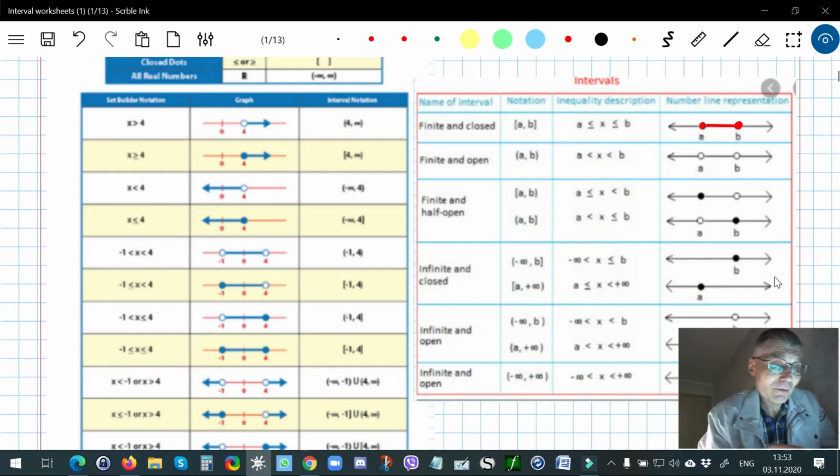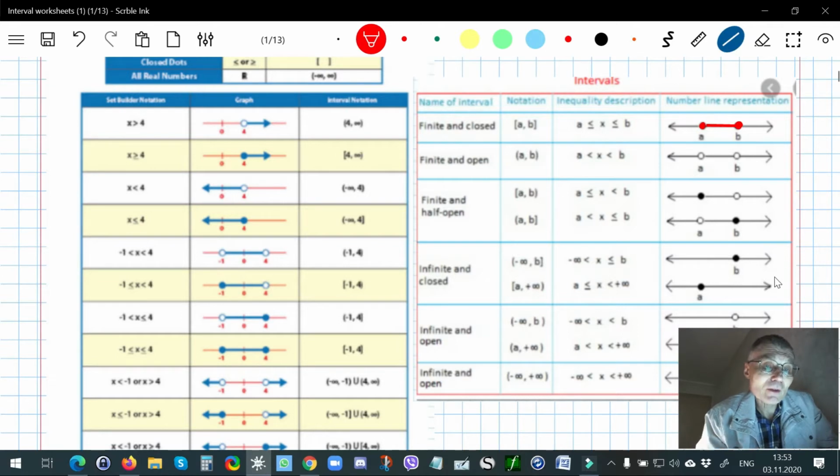Now, the next thing, finite and open. This is more difficult to understand, but well, we don't have to fear. We have to try to get used to it.